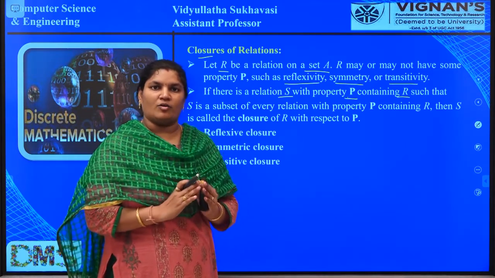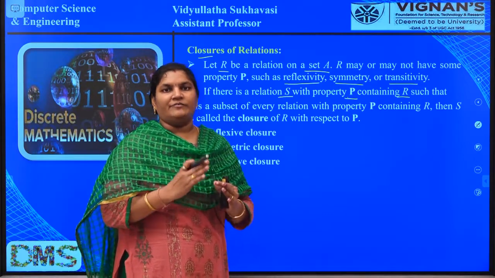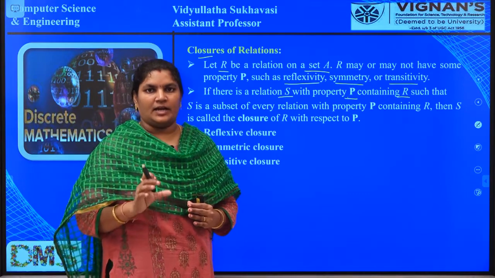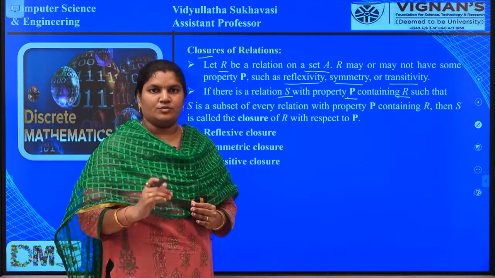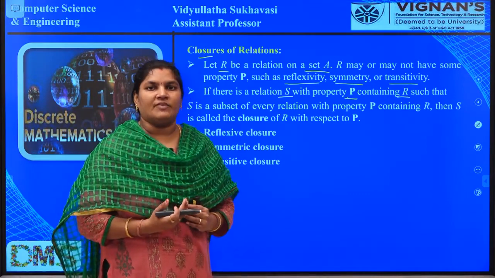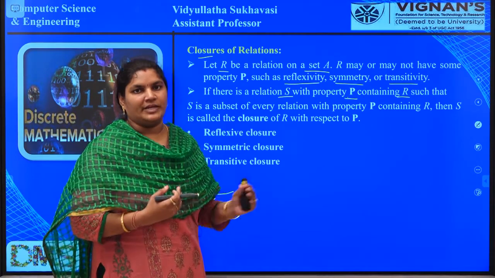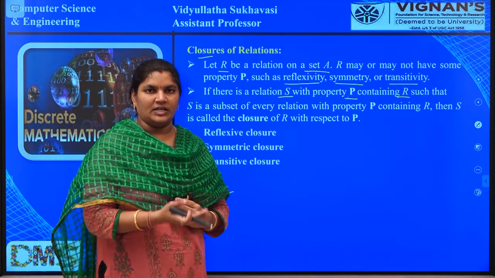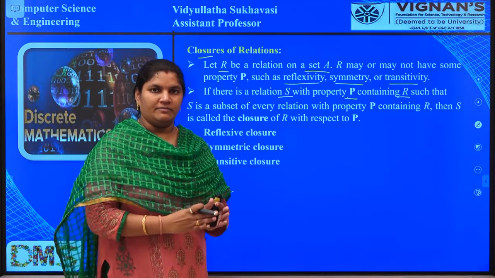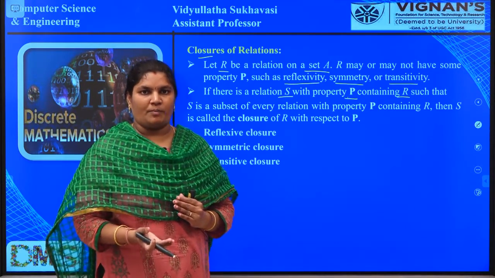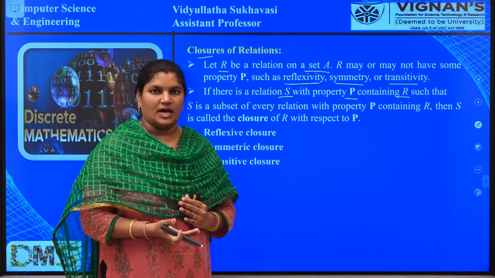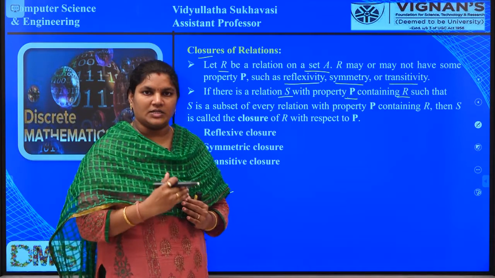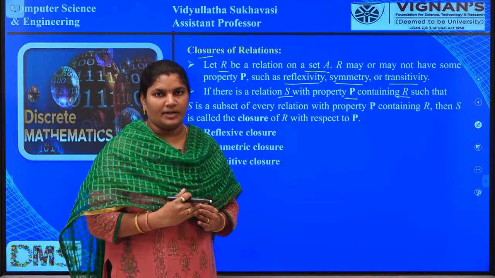Suppose we are given a relation R. First we need to check whether it satisfies the reflexive property or not. If it is not satisfying, we need to check which subset of ordered pairs we need to add to make it a reflexive relation. In the same way, if we take the symmetric property, first we need to check whether the given relation R satisfies the symmetric property.